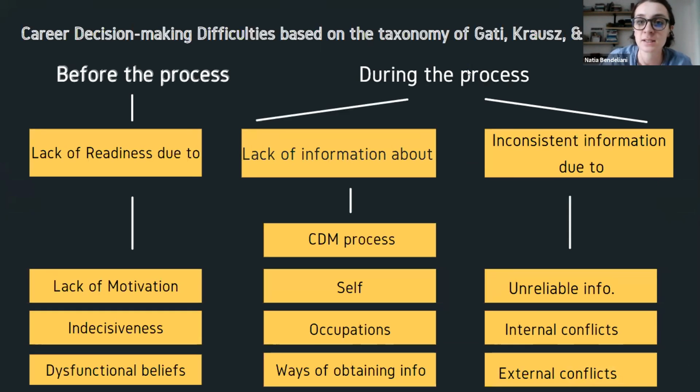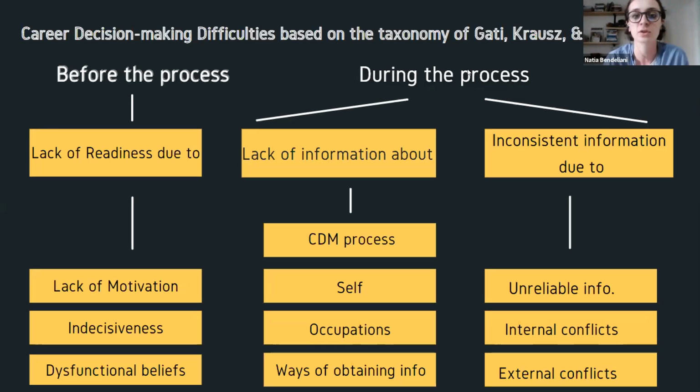Lack of readiness can be a product of lack of willingness to make a decision, or general indecisiveness, as well as dysfunctional beliefs, which reflect unreasonable expectations about the process of career decision-making.